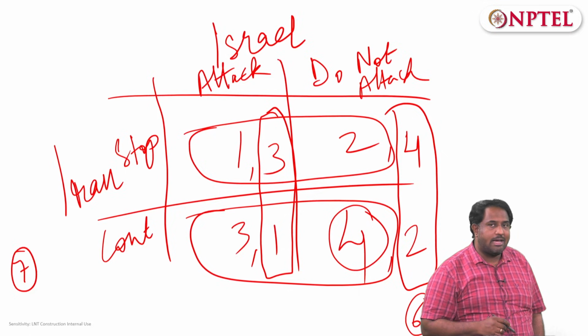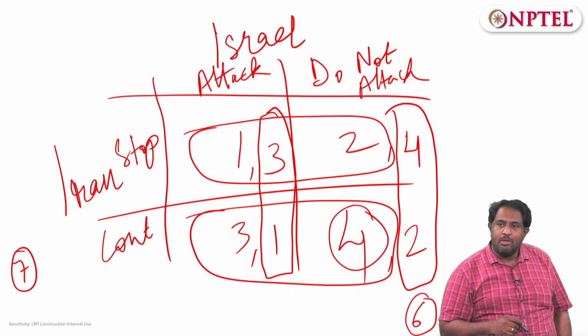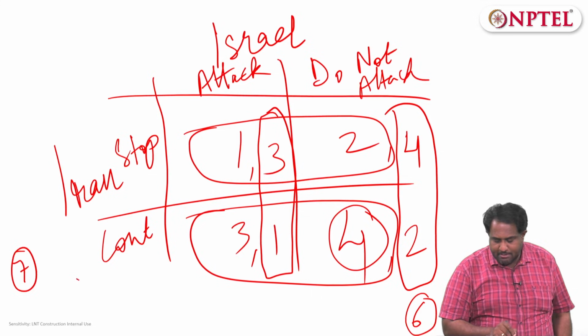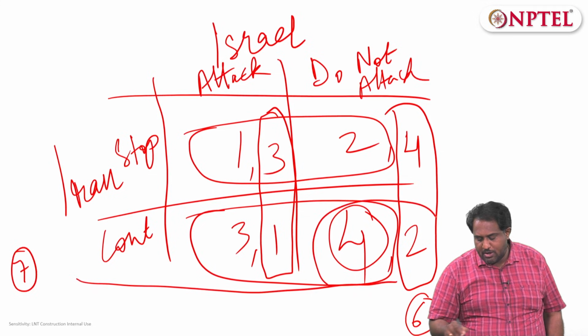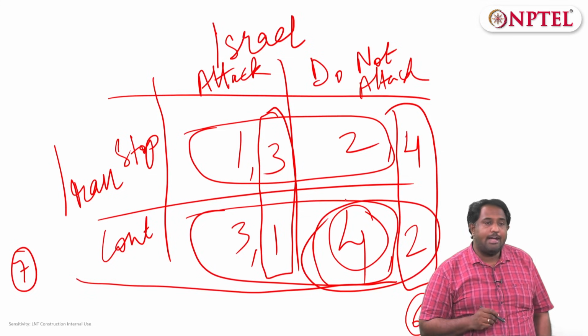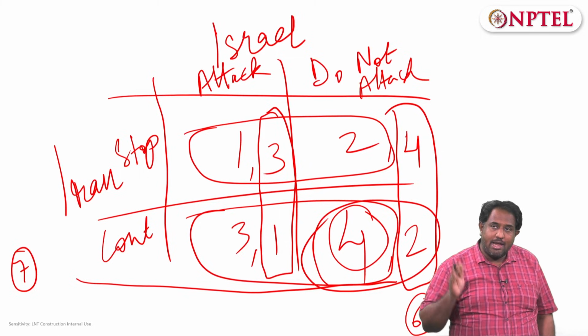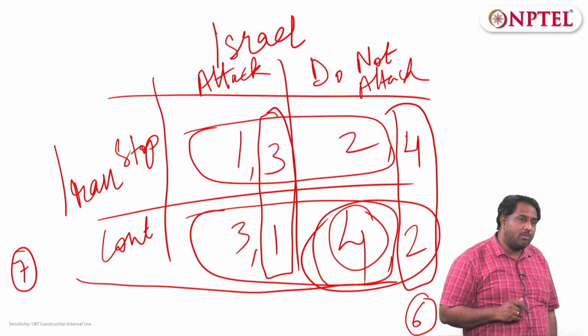So if we were to arrive at some kind of an equilibrium that this game produces, it's very clear that it produces an equilibrium where the payoff is 4 and 2, and that is where you have the outcome represented by do not attack and continue.